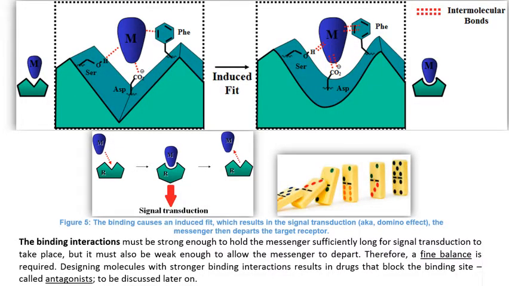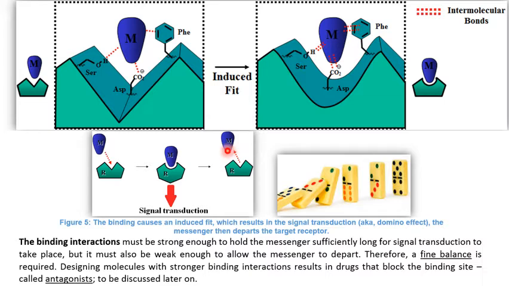The binding interactions should be strong enough to hold the messenger in its receptor such that it produces the signal transduction and the biological effect, but also weak enough to allow the messenger to depart the receptor. Therefore, there should be a fine balance for the interactions of the messenger with the receptor. It should be strong enough, but at the same time weak enough.